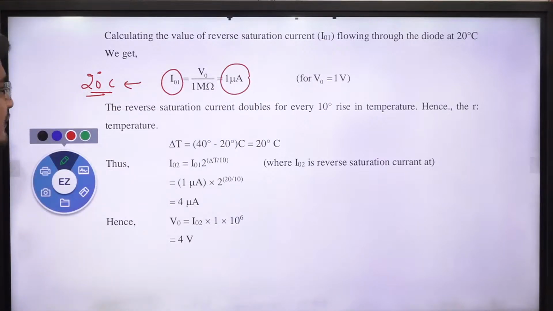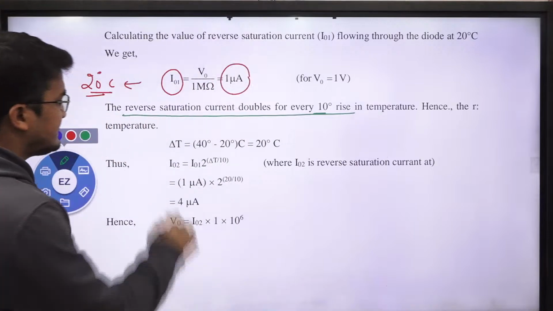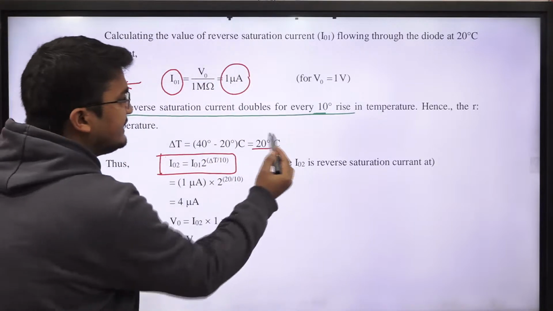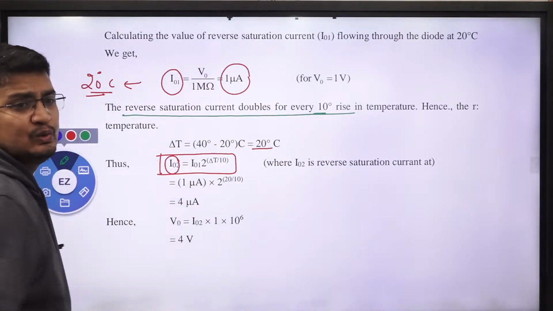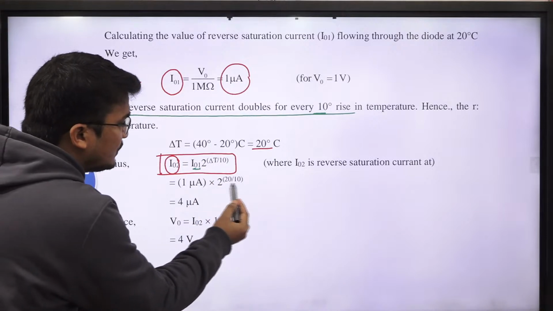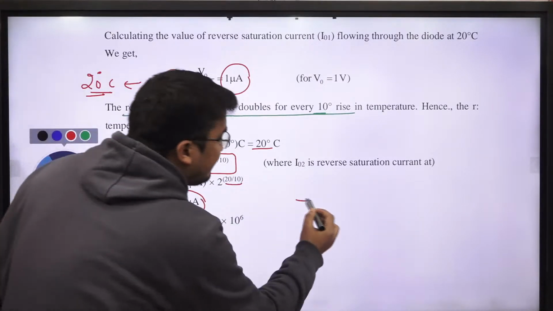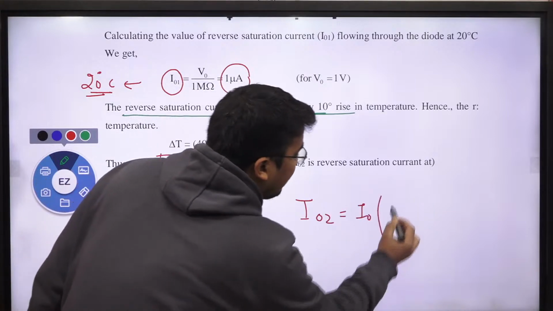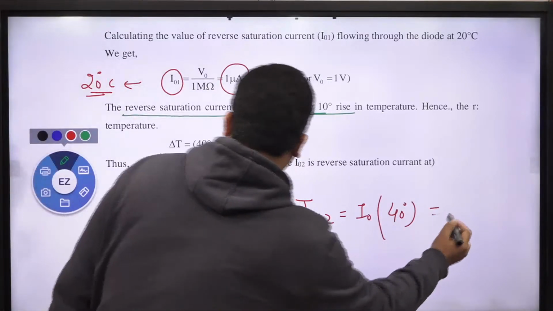Perfect. And we know the reverse saturation current doubles itself for a 10 degree rise. So this is the equation for that. And T2 minus T1 is 20 degrees Celsius. Since I want to calculate I naught 2, I naught 2 will be equal to I naught 1 into 2 squared. So it will be 4 microampere. And if I know I naught 2, or we can write I naught at 40 degrees Celsius, I can calculate the voltage from here.